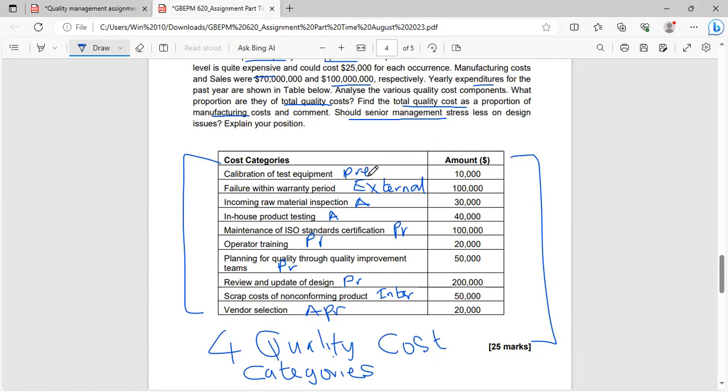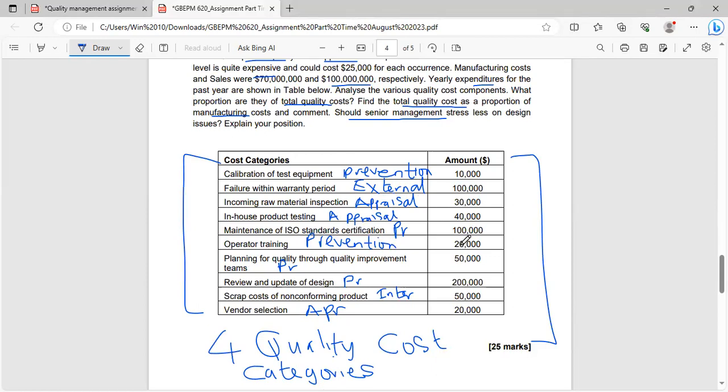So these ones are prevention. Even this one is appraisal. Even this one is also appraisal. So this is just about what goes on when looking at this one here.